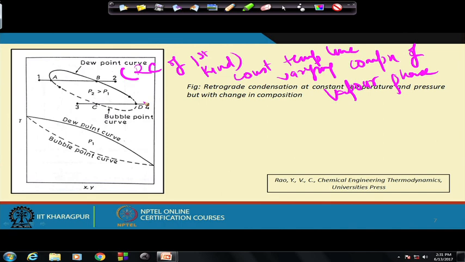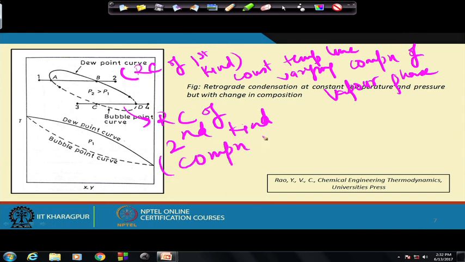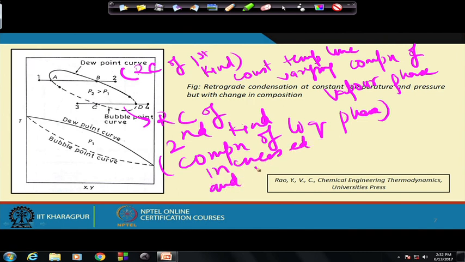So, in this case, we are crossing the bubble point twice by varying the liquid phase composition, and by this process we are able to get retrograde condensation of the second kind, where we have achieved this by increasing the composition of the liquid phase and travelling along a constant pressure line.